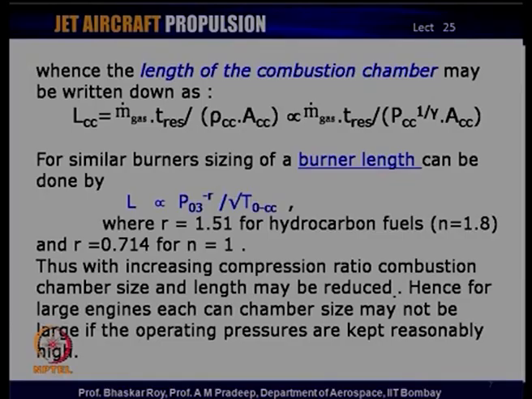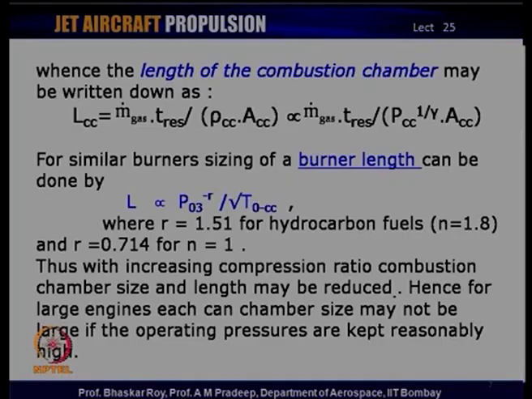Now, what happens is the burning size or burning length can be decided with the help of essentially the pressure and the temperature. And here, what is written is the length is proportional to the pressure to the power minus r, divided by root over total temperature T0 of the combustion chamber or at the combustion zone.